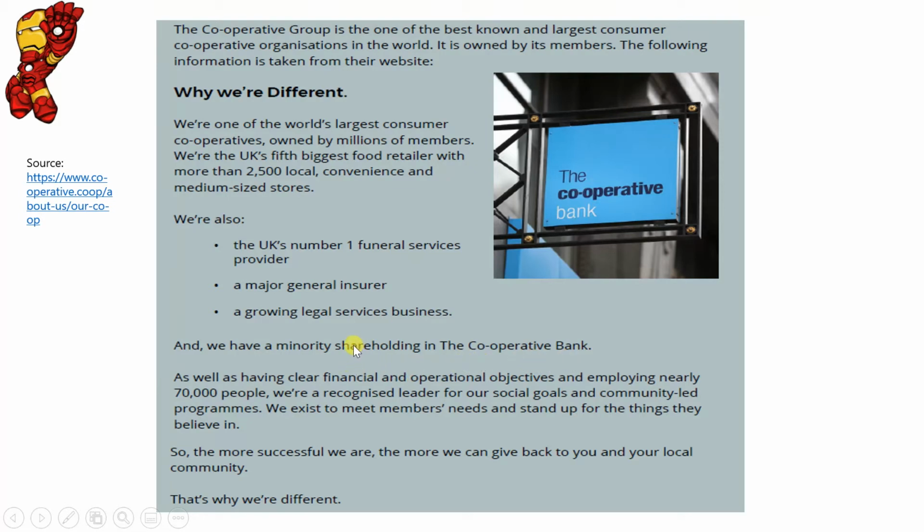As well as having clear financial and operational objectives and employing nearly 70,000 people, we're a recognised leader for our social goals and community-led programmes. We exist to meet members' needs and stand up for the things they believe in. So the more successful we are, the more we can give back to you and your local community. That's why we're different.